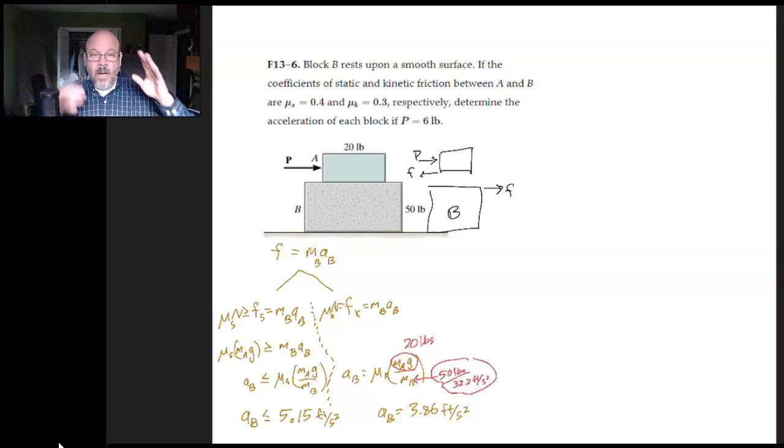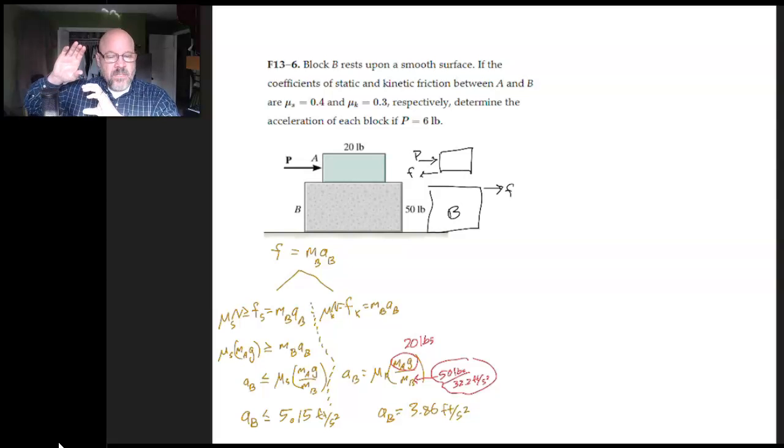So let's go back to our 4 scenarios with the block. Scenario number 1 is we push with P, and there's no friction with the ground. So if there's friction with the ground, we've got the 4 scenarios. In this case, we push with P, and the first scenario is the blocks stay together and they move as a unit.